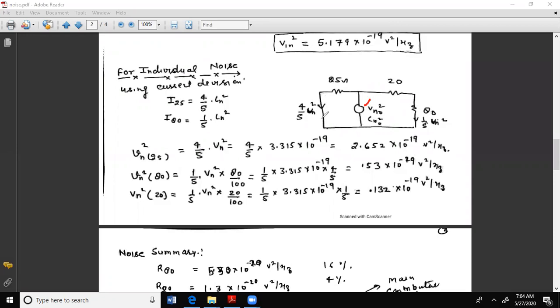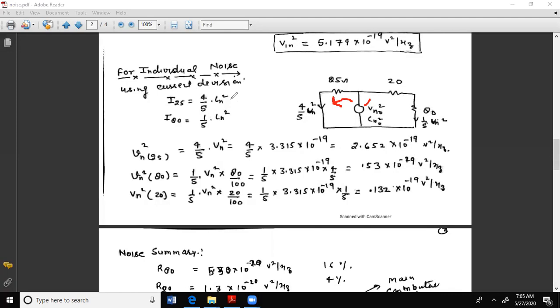If there is a current source, open the current source. If there is a port, replace the port by the equivalent impedance of the port. Now see, the current divides, and this is four fifths of the total noisy current, because this is a 25 ohm and this is an 80 ohm.